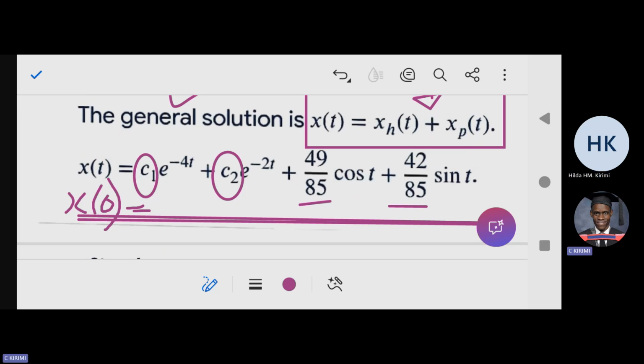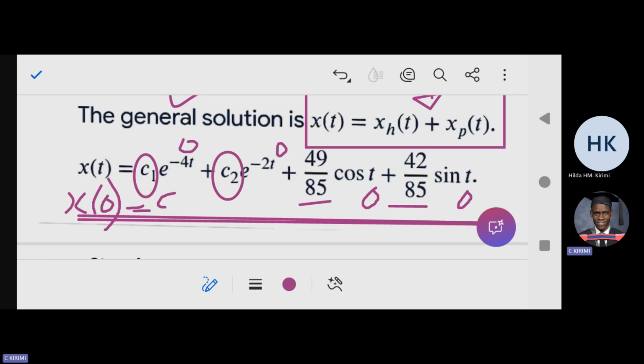Instead of sine T, it is sine 0, and cos 0 is 1. Then e to the power 0, everything to the power 0 is 1.